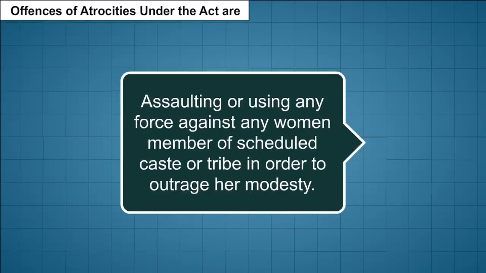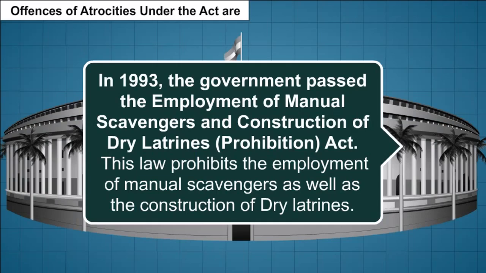Assaulting or using any force against any woman member of scheduled caste or tribe in order to outrage her modesty. In 1993, the government passed the Employment of Manual Scavengers and Construction of Dry Latrines Prohibition Act. This law prohibits the employment of manual scavengers as well as the construction of dry latrines.